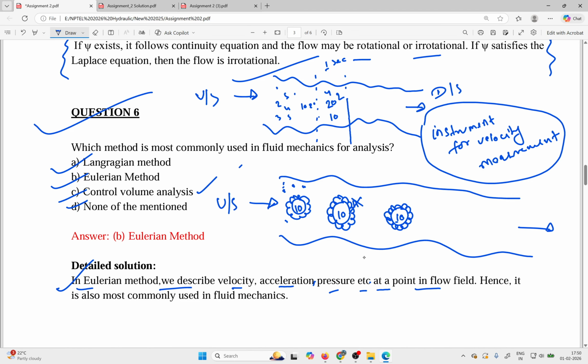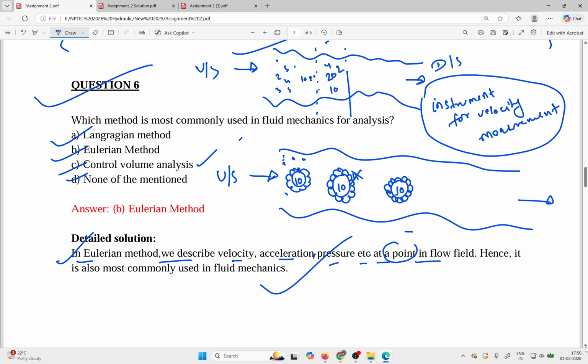Hence, at a point, remember this. At a point means a fixed location. It is also most commonly used in fluid mechanics. Mostly used, not always. Try to understand the meaning of the words. Here it is written most commonly, not always. So remember.